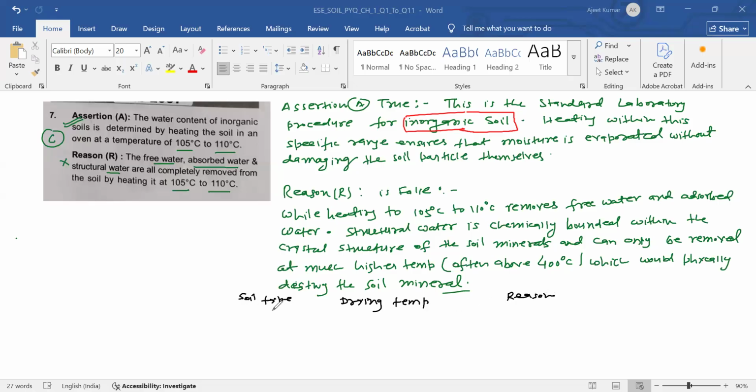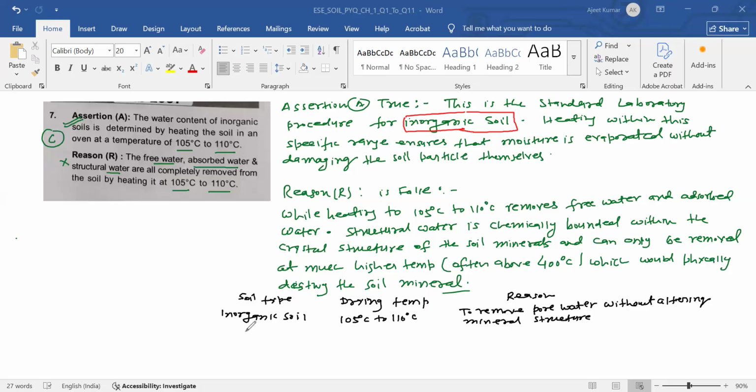So if the soil is inorganic soil, then the drying temperature will be 105 degrees Celsius to 110 degrees Celsius, to remove pore water without altering the mineral structure.